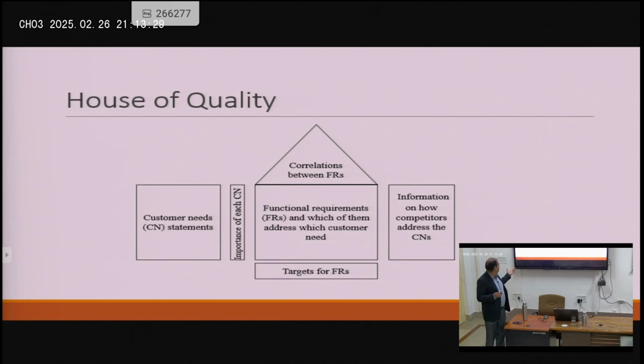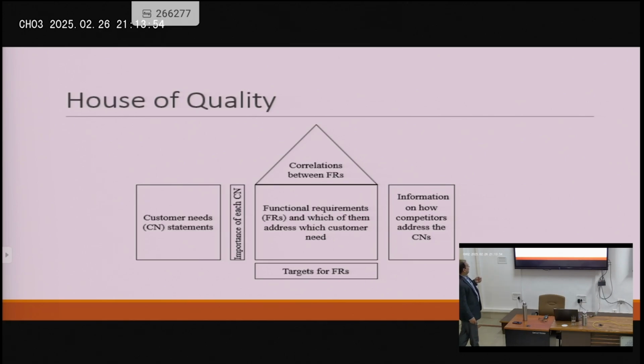So this is the general layout of a house of quality, which you must have seen before. In fact, one of my students found a very nice free template that I'll have the other instructor, Dr. Singh, share with you, which is a very nice Excel template where you can enter things very well, and it makes a very nice house of quality.